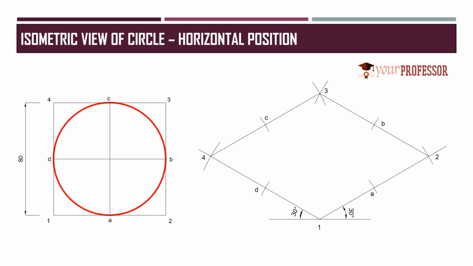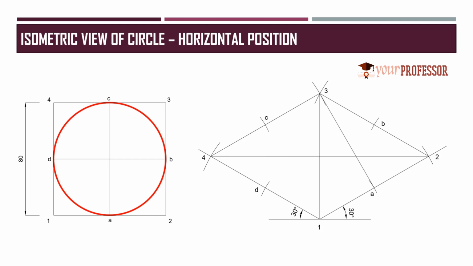Let's join the diagonals. So we have two diagonals here, 1 and 3 and 2 and 4. If you observe, the shortest diagonal is 1, 3. So from the ends of the shortest diagonal, you need to join the opposite midpoints, right?